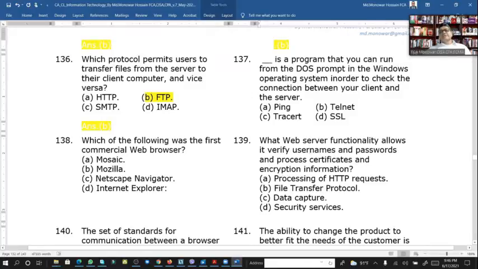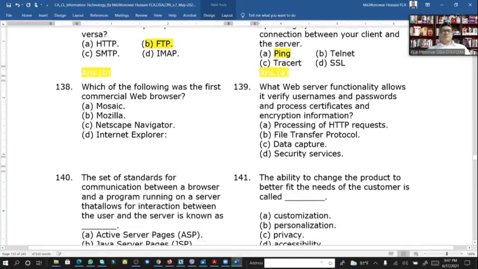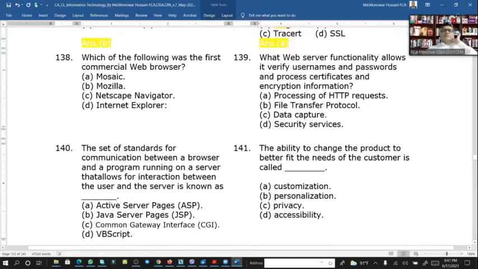Dash is a program that you can run from the DOS prompt in the Windows operating system in order to check the connection between your client and the server. So Ping, sir. A, okay. Yes, sir. A, ping, okay. Which of the following was the first commercial web browser? Commercial web browser.